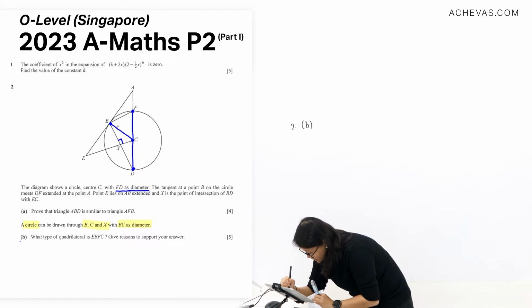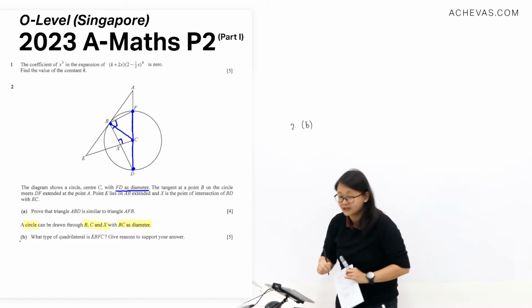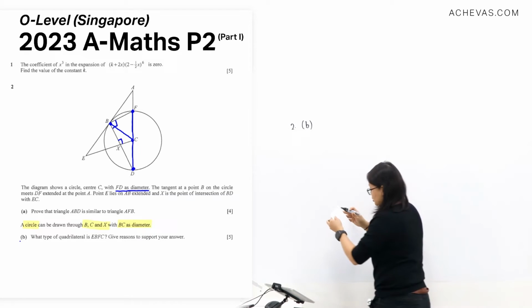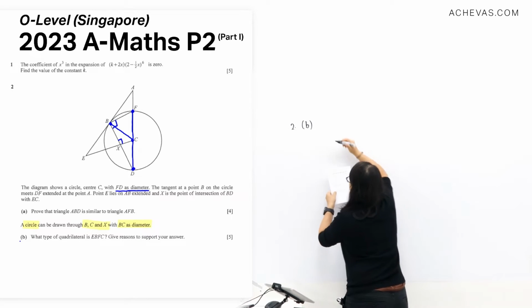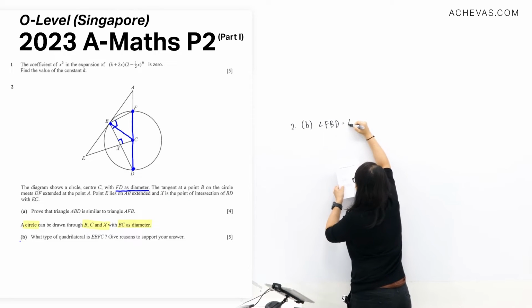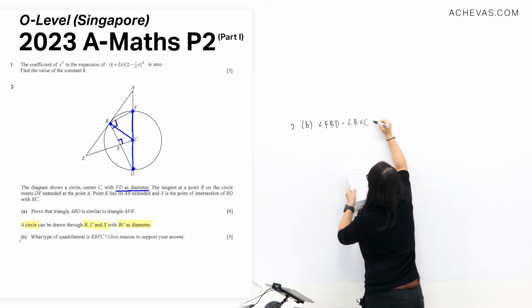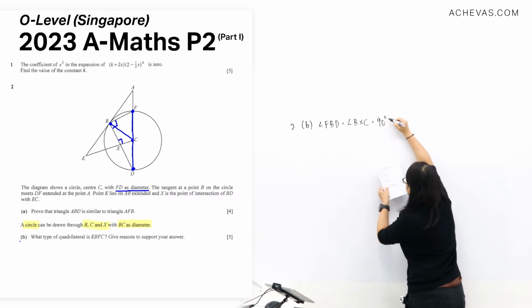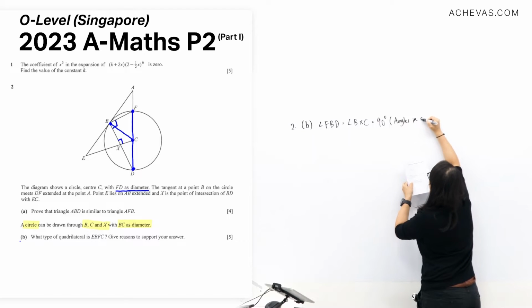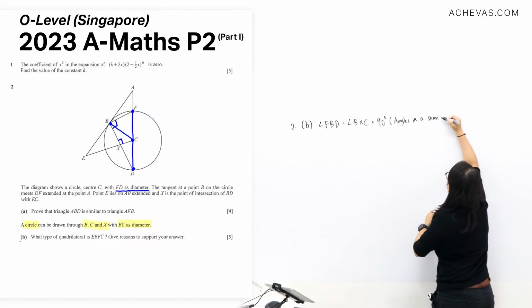B is a point on the circumference. Therefore, this angle here is also 90 degrees. Now, let me just jot down this information first. I'll be writing angle FBD equals angle BXC. They are both equal to 90 degrees because angles in a semicircle.